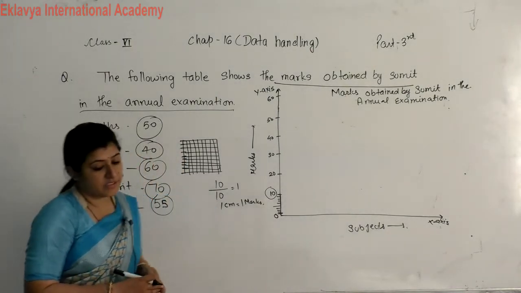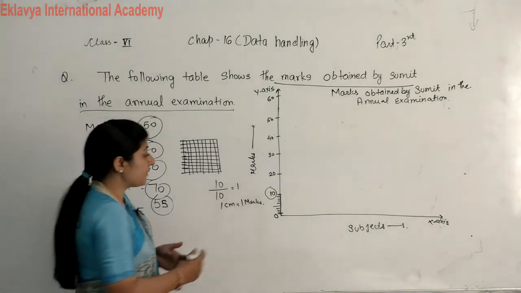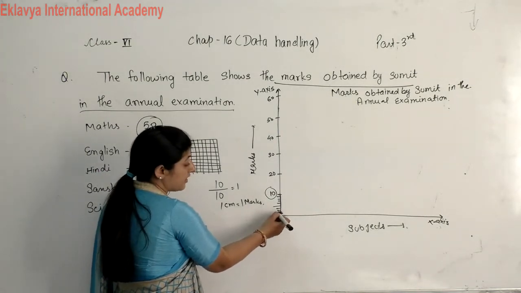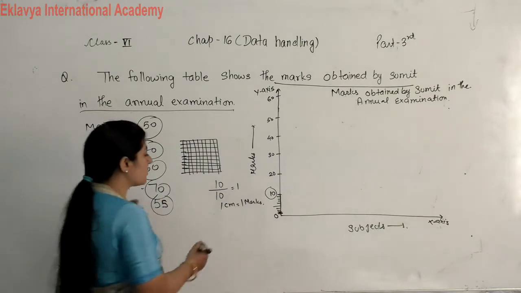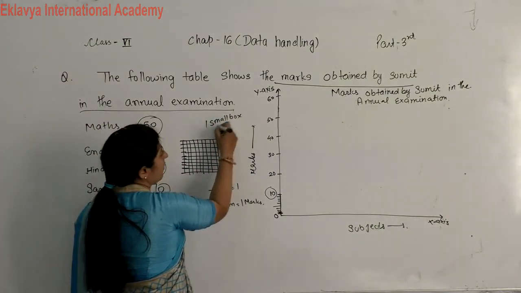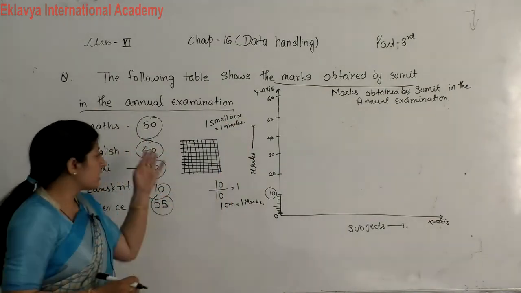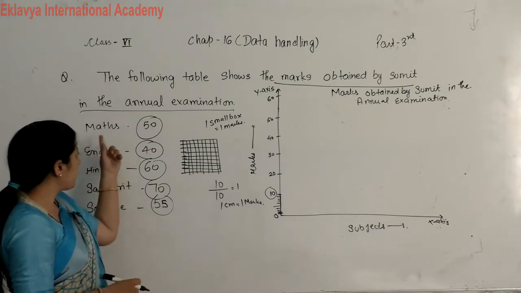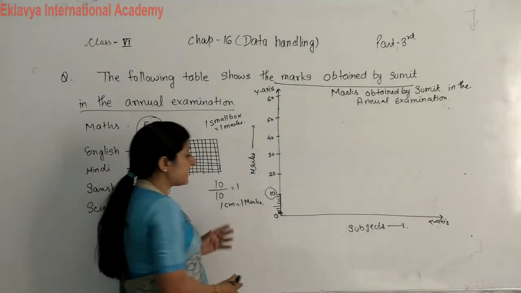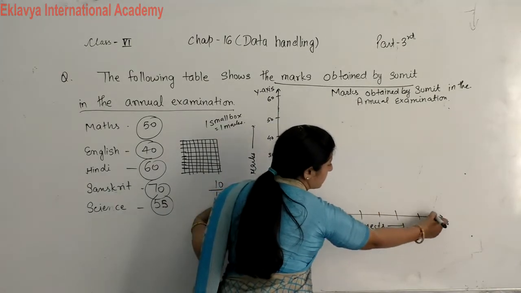So this is our scale: one small box is equal to 1 mark. Now, whatever we want to represent, math is 50. It is a squared paper with large boxes too.